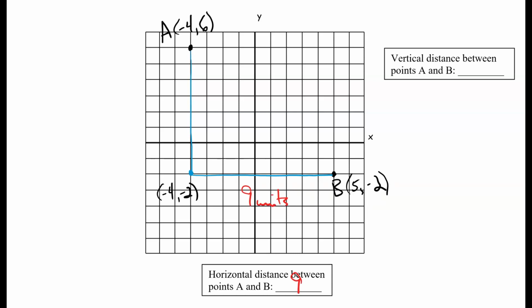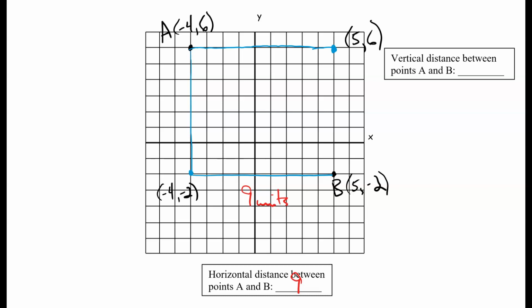And I can do the same thing to find my vertical distance. I'll start with one of my points, let's say point A again, and I'm going to start moving closer to point B, this time in the left-right direction, until I am directly over point B, which is going to be at this point right here, which is the point 1, 2, 3, 4, 5, 6, which is directly over point B, which is at 5, -2.